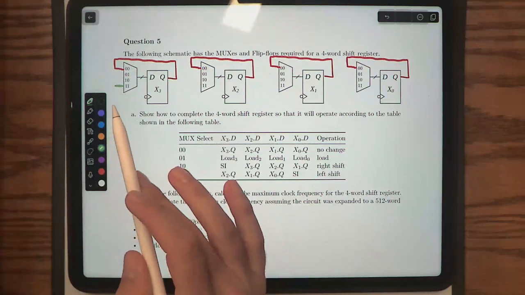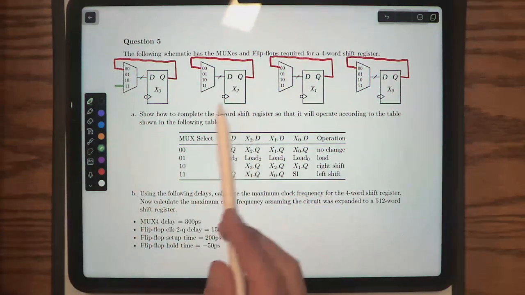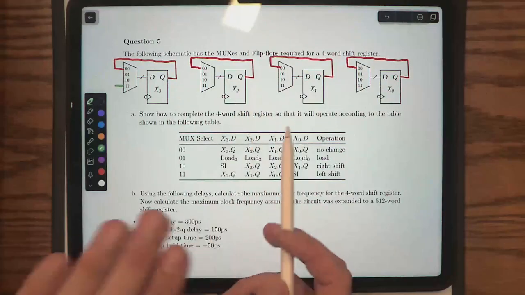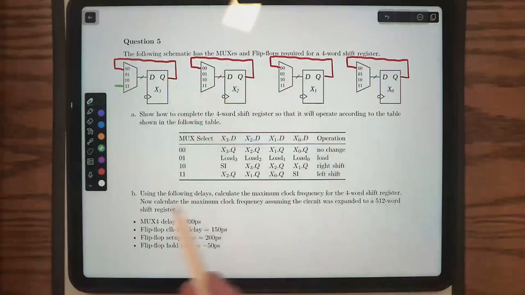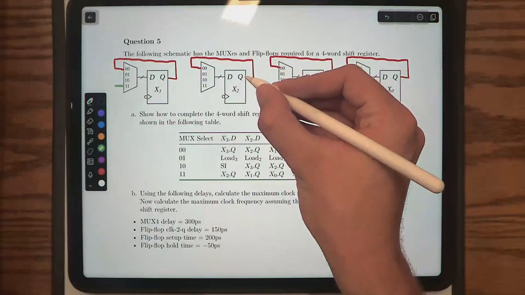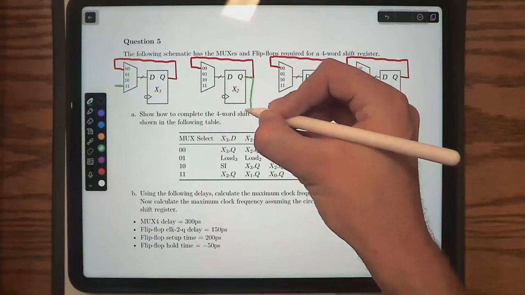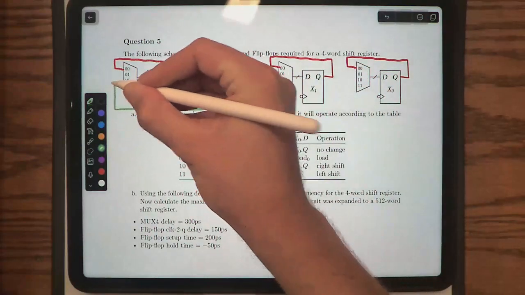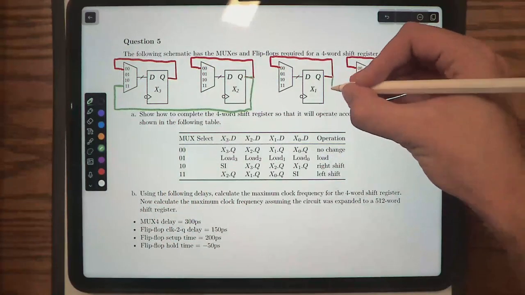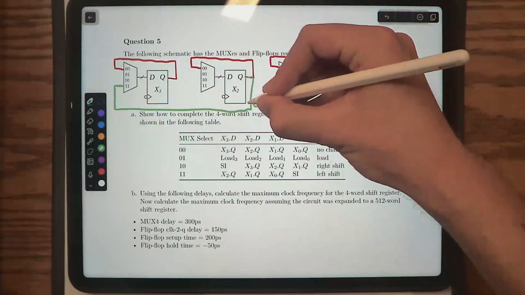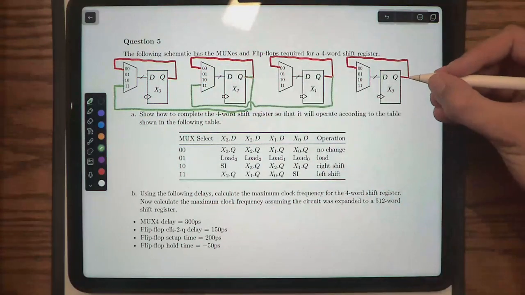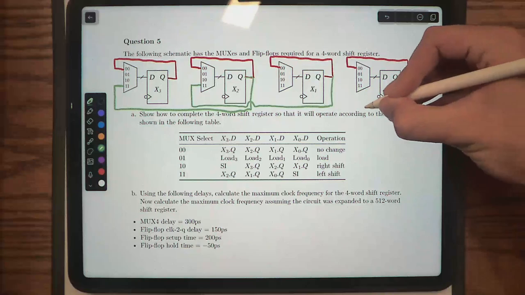What you do is you take whatever's stored on the right and bring it over into the left. So you take this Q right here, take it out, and then feed it in like that. And then similarly for this one, and then this last one.